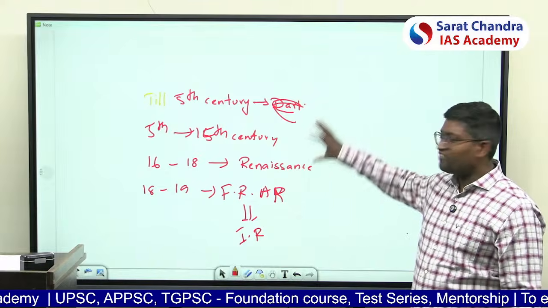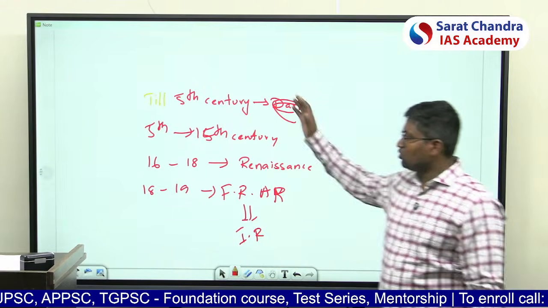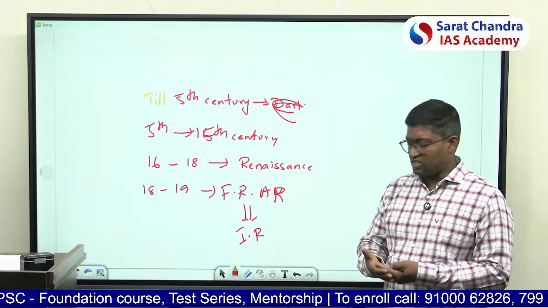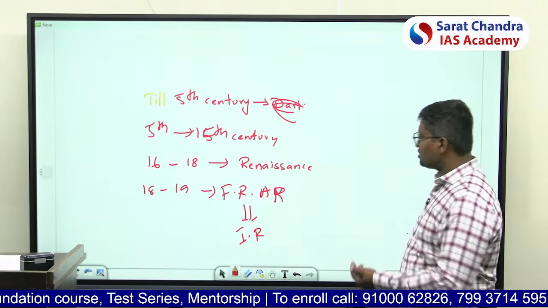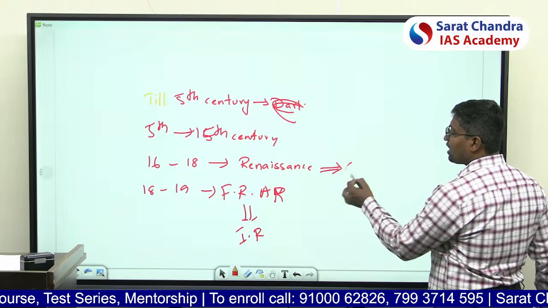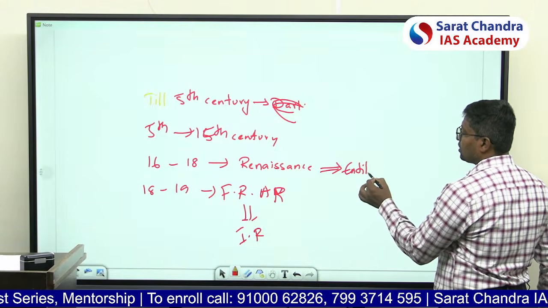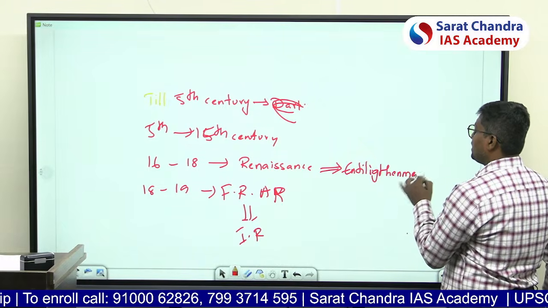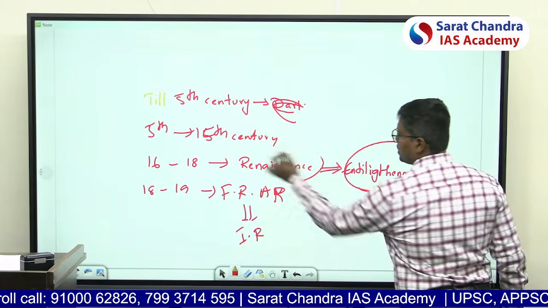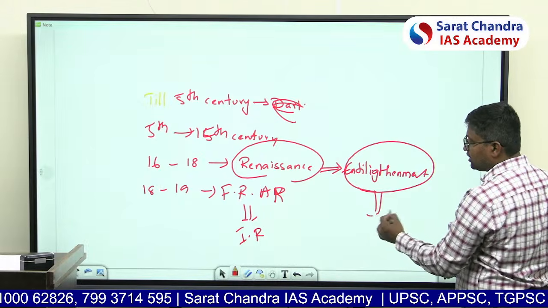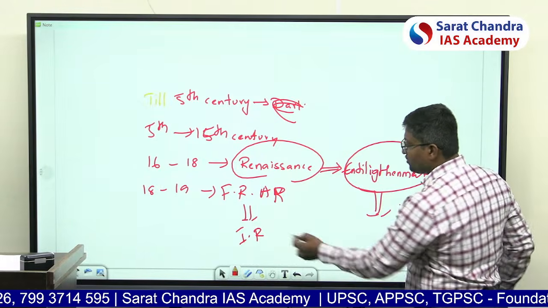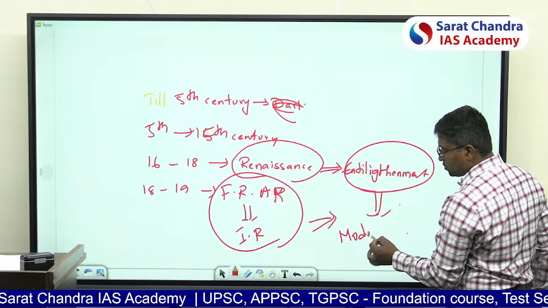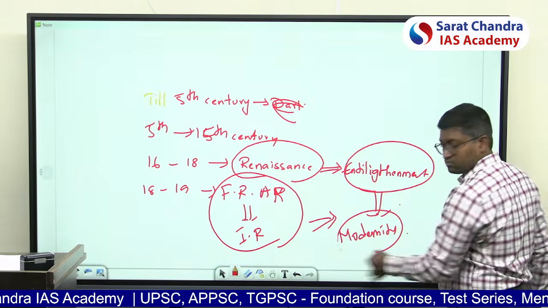This briefly you know. This is how Europe was under the dark ages, and gradually the Renaissance emerged, and then the Renaissance led to the Enlightenment, and overall the Renaissance and Enlightenment led to the French Revolution and Industrial Revolution. All this led to modernity. So this you know briefly.